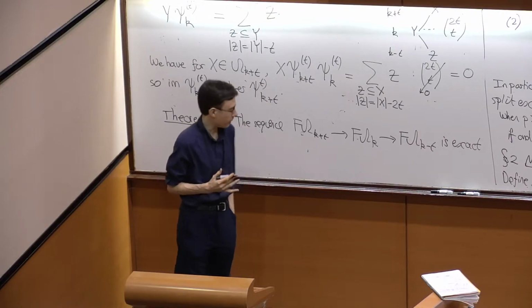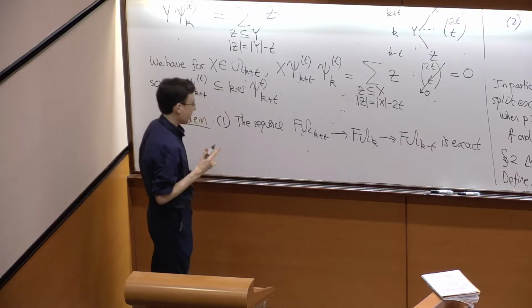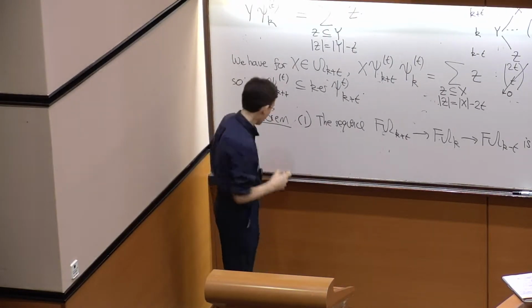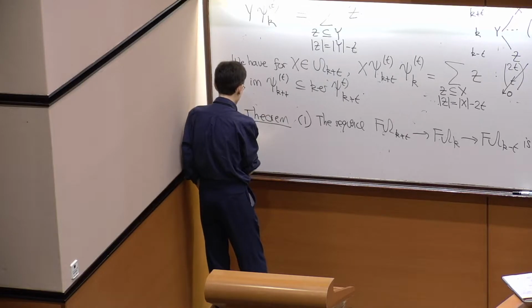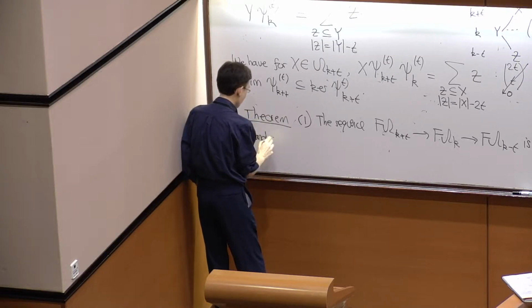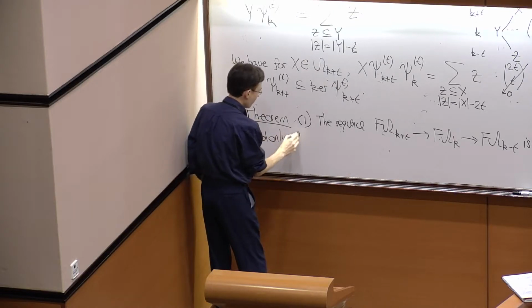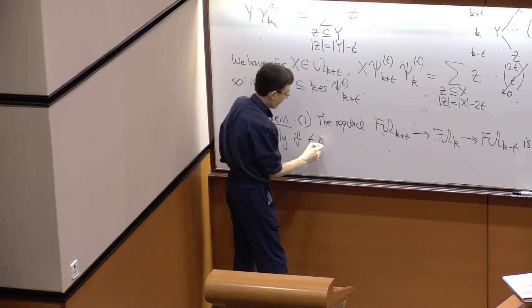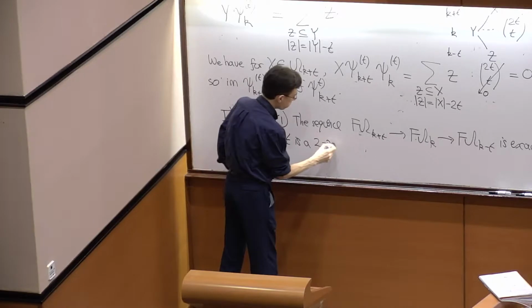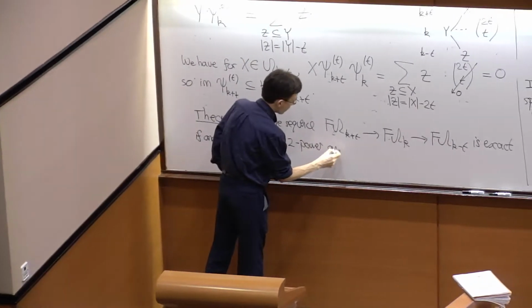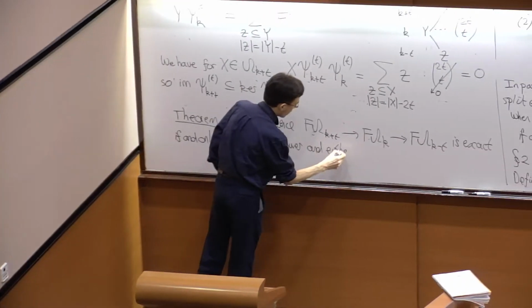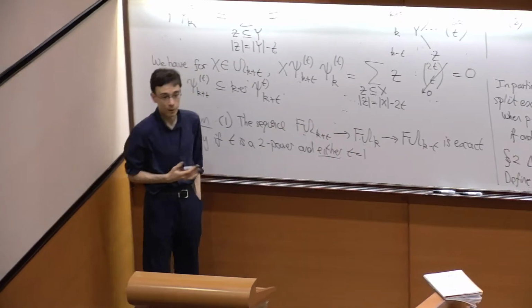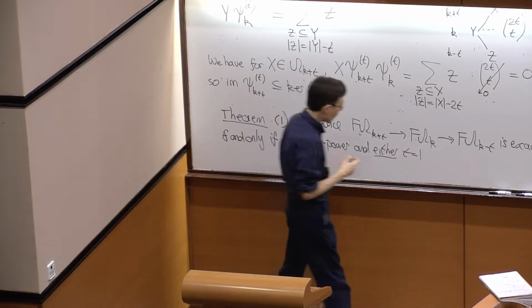No, sorry, it's the other way around. Well, something like that. And I can characterize exactly when this thing is exact. But really, it's the if direction that is most interesting. So, if and only if t is a 2 power, and either, well, if t is 1, then we have the familiar situation, so it's certainly exact then.